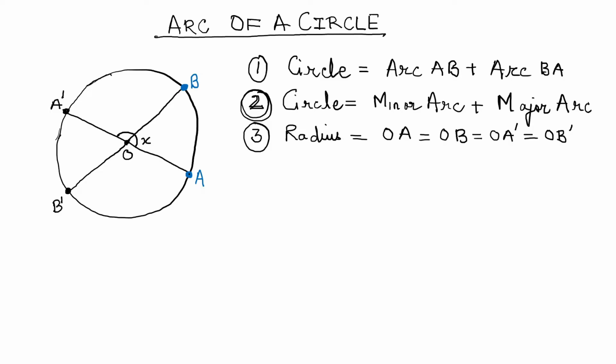So in that case, the angle A dash OB will be 180 degrees minus x degrees. And then the vertically opposite angles. So these angles are vertically opposite. In that case, this becomes x. And the last, this becomes 180 minus x.